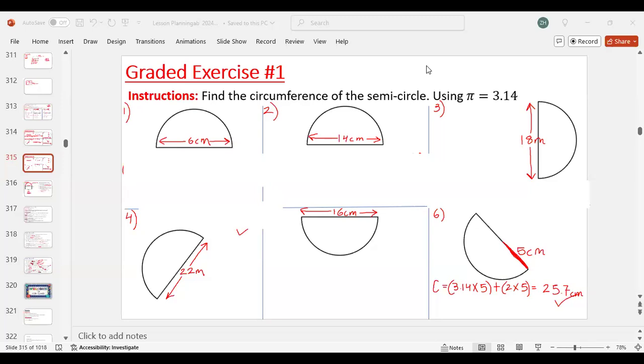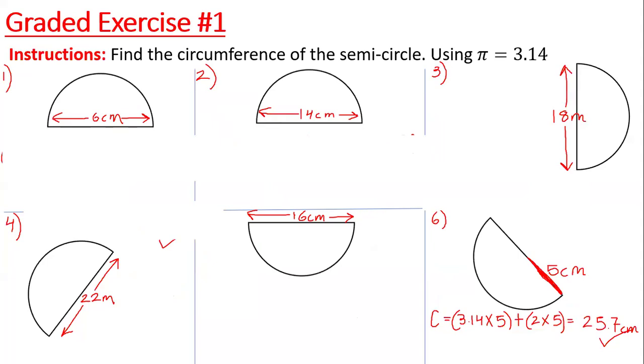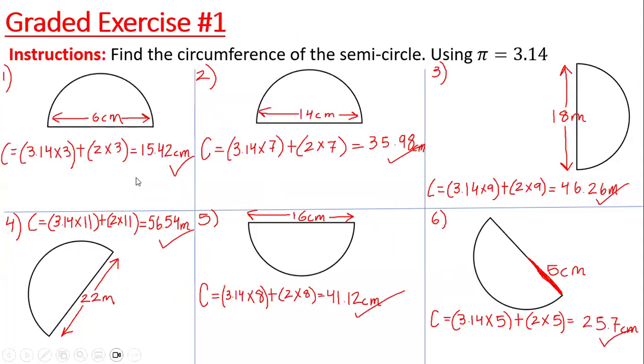All right, so what do y'all have for number 1? 15.42 centimeters. Anyone else? I did. Okay, for the second one, I got 35.98.